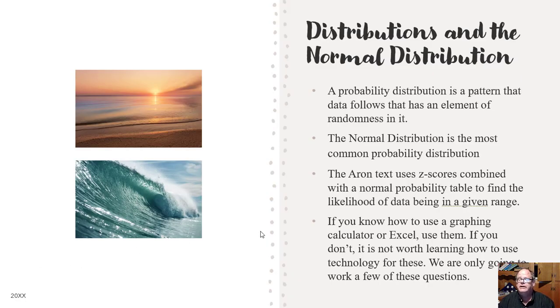All right, distributions and the normal distribution. So if you're in a statistics setting, when someone says or you read the word distribution, they mean a probability distribution. And a probability distribution is a pattern that data follows that has an element of randomness to it.